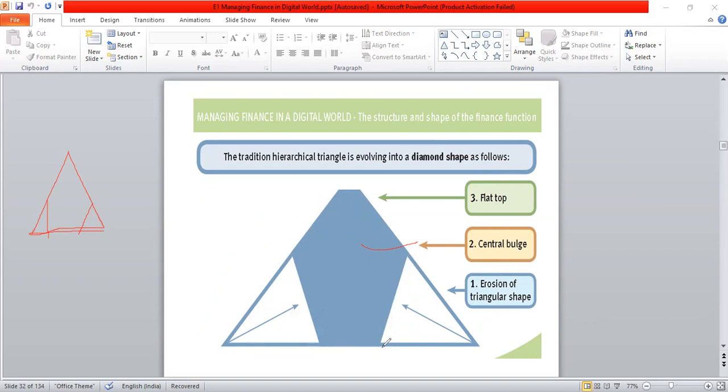Because the bottom level is the level where the operational work is carried out. Many routine nature jobs are taken up. That's only the implementation part of it. Decision making is at a higher level. So decision making is not carried out here. Only whatever is planned is being implemented.